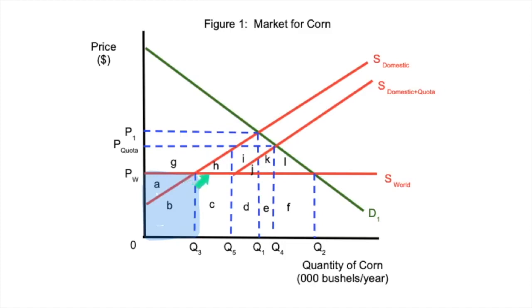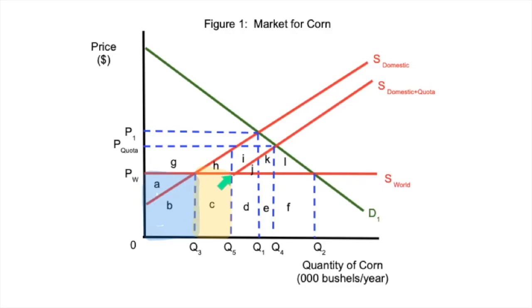And that is represented by following this supply curve, the world supply curve. So that means that this quantity of corn has come in from outside of Germany. Then what happens? Well, Germany slams the doors on any corn coming in from outside of Germany. Oh, so what does that mean?